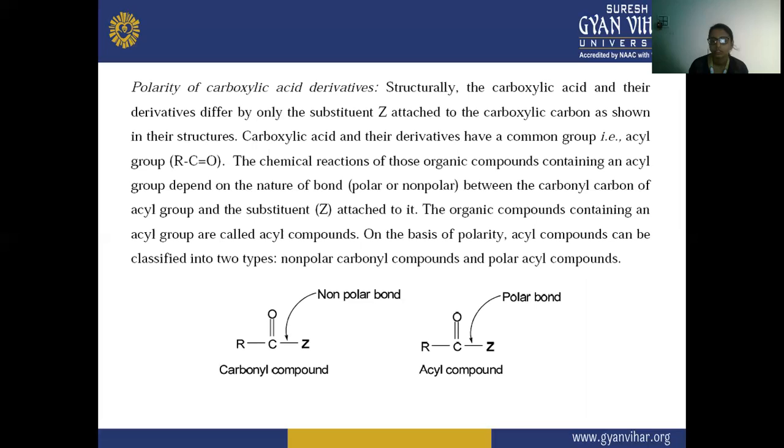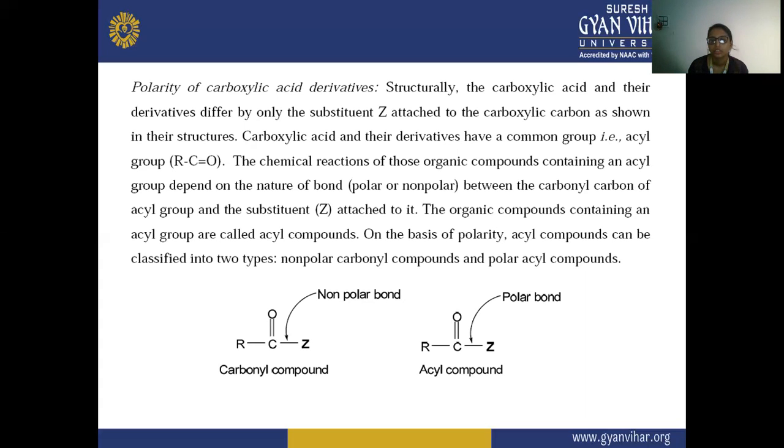The four types of carboxylic acid derivatives differ from each other by the substituent, for example Z. That substituent Z is attached to the carboxylic acid carbon, and in each carboxylic acid derivative it is different. Due to this, there is a difference in their structure.